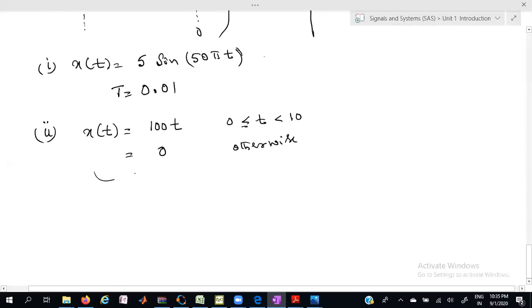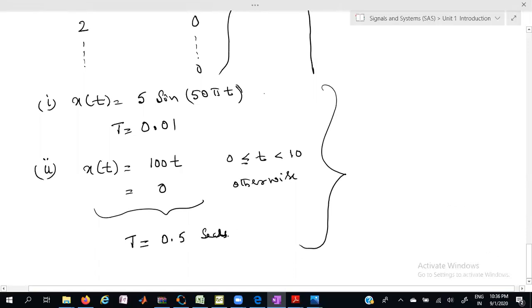In this case, I want you to sample at T equal to, say, 0.5 seconds. So in both these cases, what is x of n?